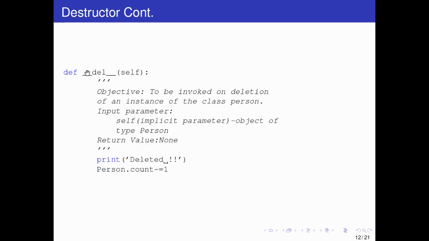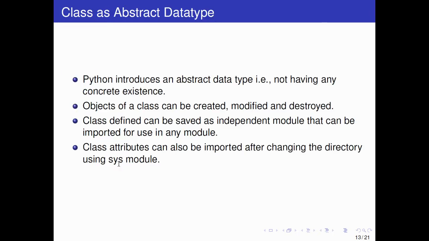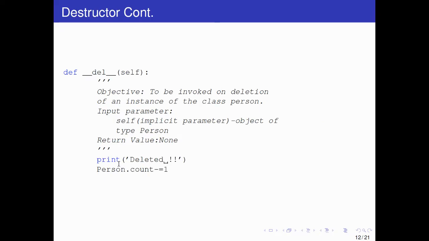So def __del__(self), and then what we are doing is printing the string deleted, and Person.count is decreased by 1. So when you delete any object, the count will be decreased by 1. The full program I will show you here.